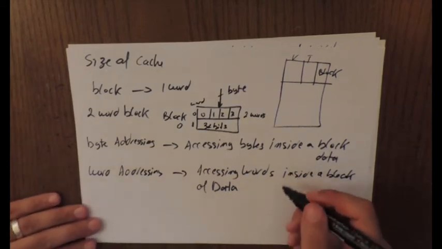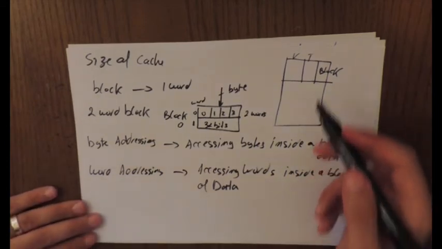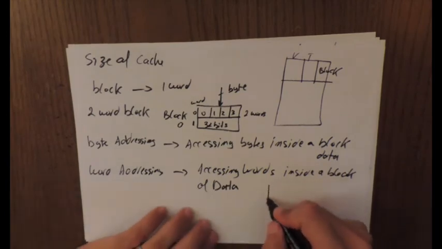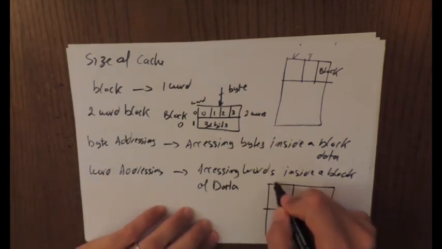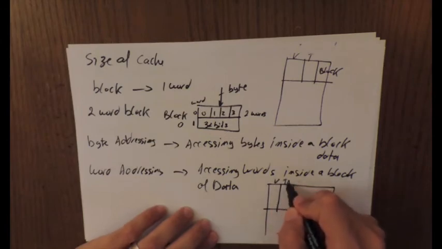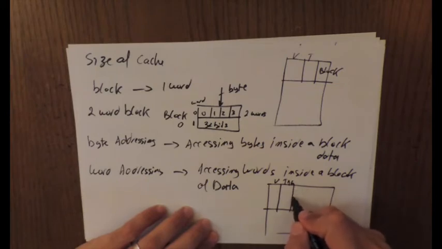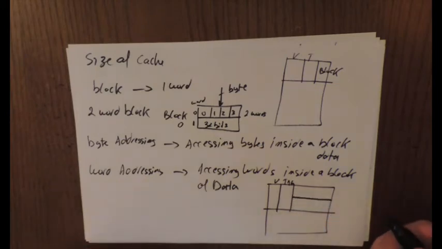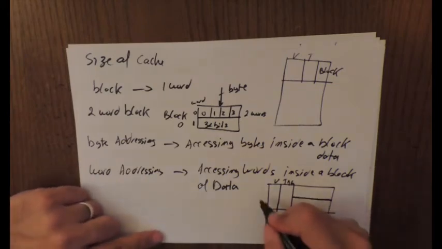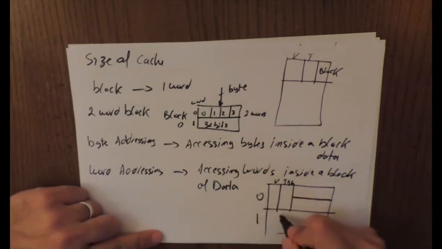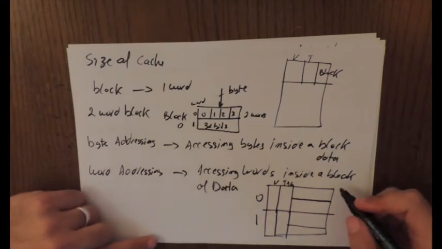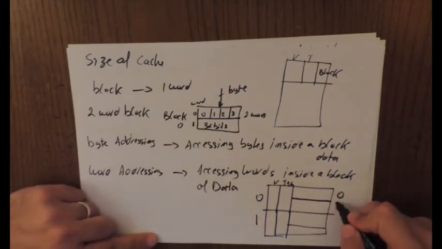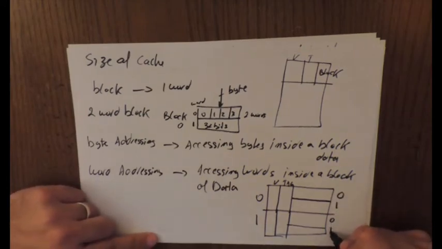Okay, so if I have a 2-word block, I will still have 1 valid bit and 1 tag bit. However, the block now is divided into 2. So if I have word addressing, this is block 0, this is block 1, this is valid, this is tag, again this is word number 0, word number 1, word number 0, word number 1.